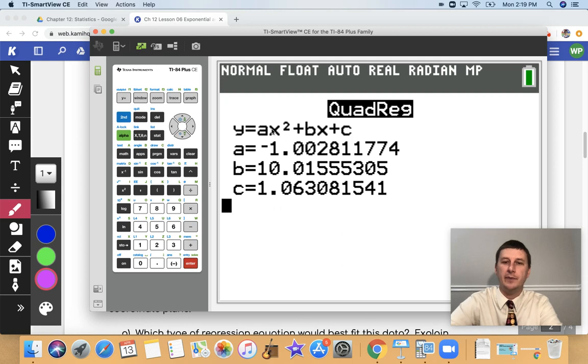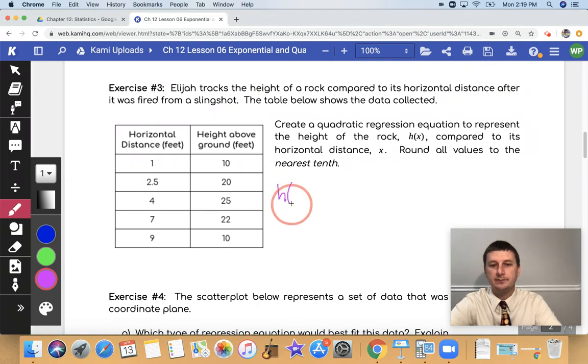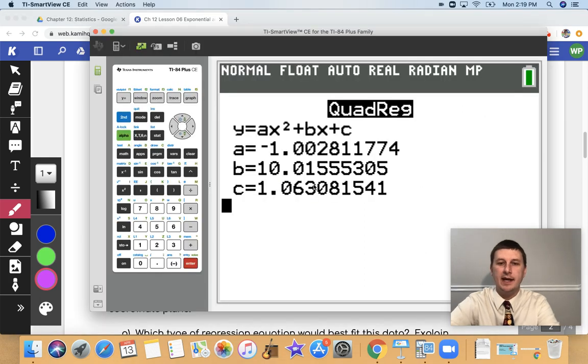When we do that, it gives us our standard form of a quadratic that we are familiar with from chapter 10 and 9, ax squared plus bx plus c, and we have an a, a b, and a c value. So we're just going to replace these numbers in our a, our b, and our c in the equation. So we're going to have, instead of y, h of x equals, now to the nearest tenth, the a value is going to be negative 1.0.